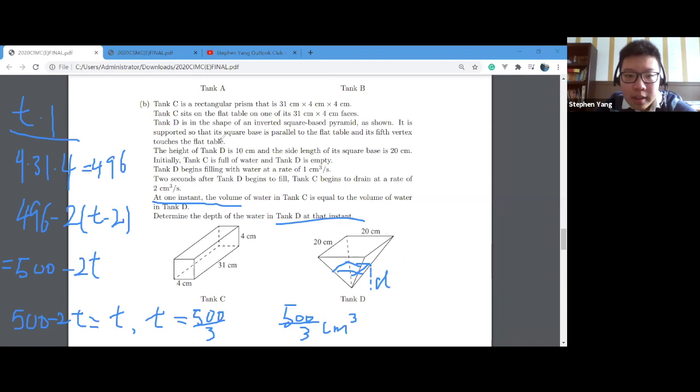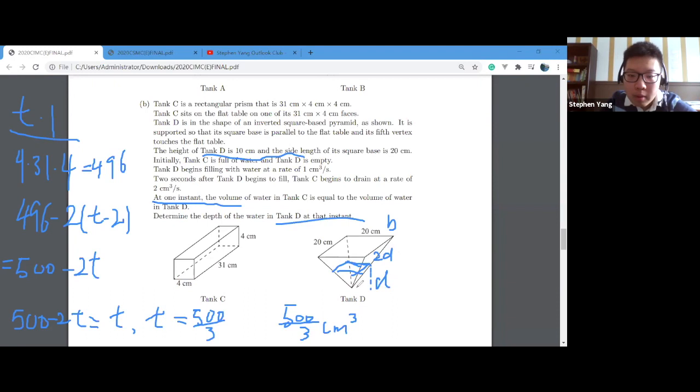Now from the description, the height of tank D is 10 centimeter, and the side length of the square base is 20 centimeter, which means the base is twice as much as the depth, which means when you're at depth D, the side would be 2D.